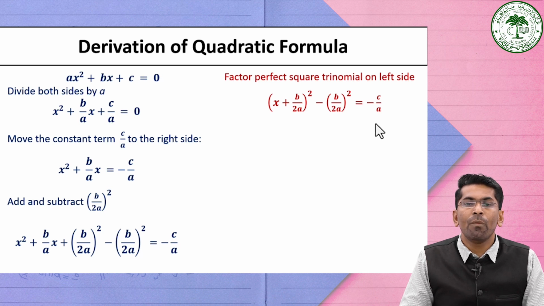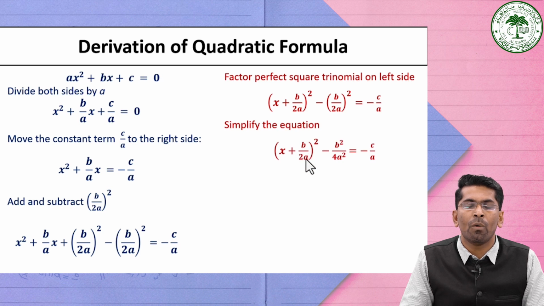Next we want to simplify this equation by squaring this particular term. So it will become x plus b by 2a whole square minus b square divided by 4a square, that is 2 square a square, which will become 4a square, which is equal to minus c by a.